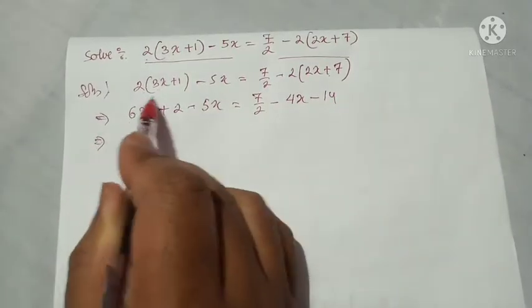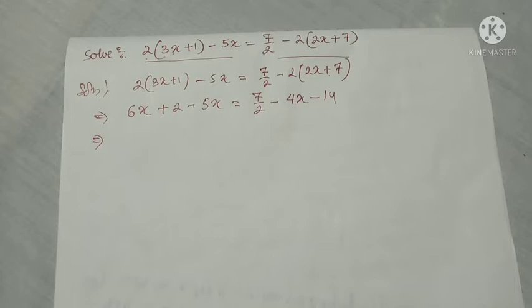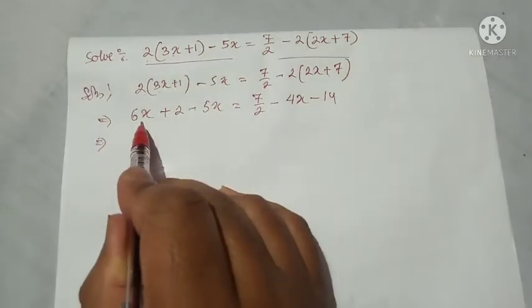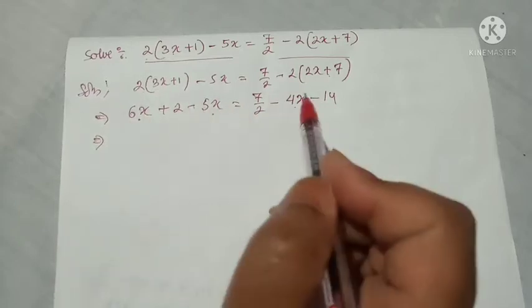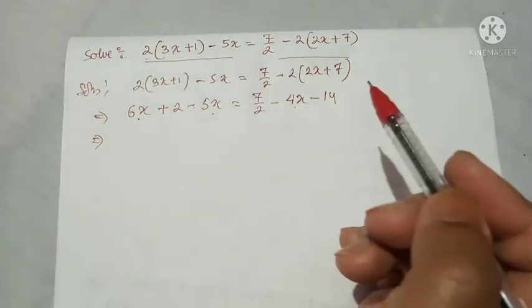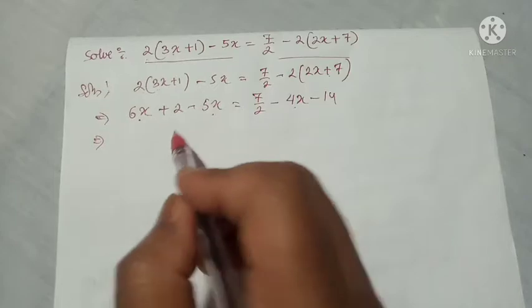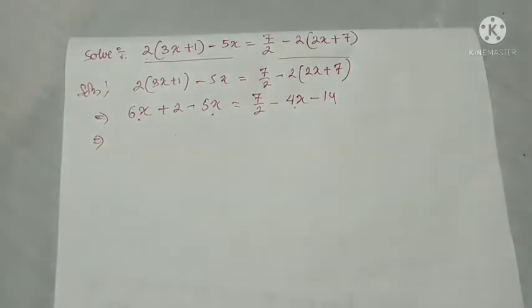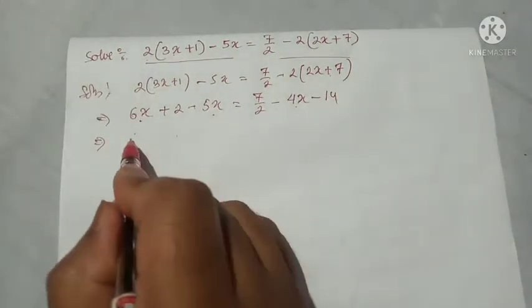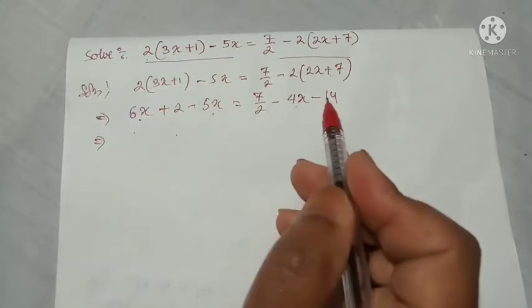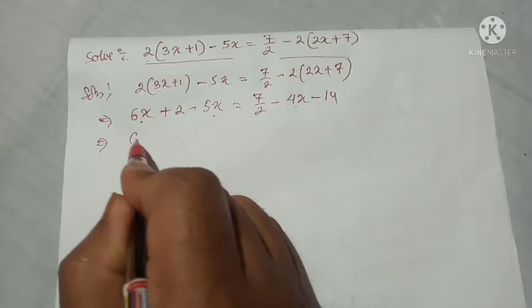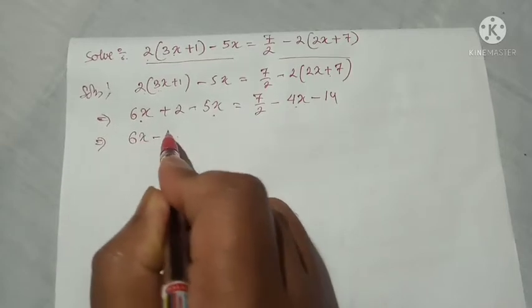This is how we have expanded the numbers. So here come the variables. We have to transfer all the variables and constants to the left hand side and right hand side. You transfer all the variables to the left hand side and all the numbers to the right hand side. 6x minus 5x.